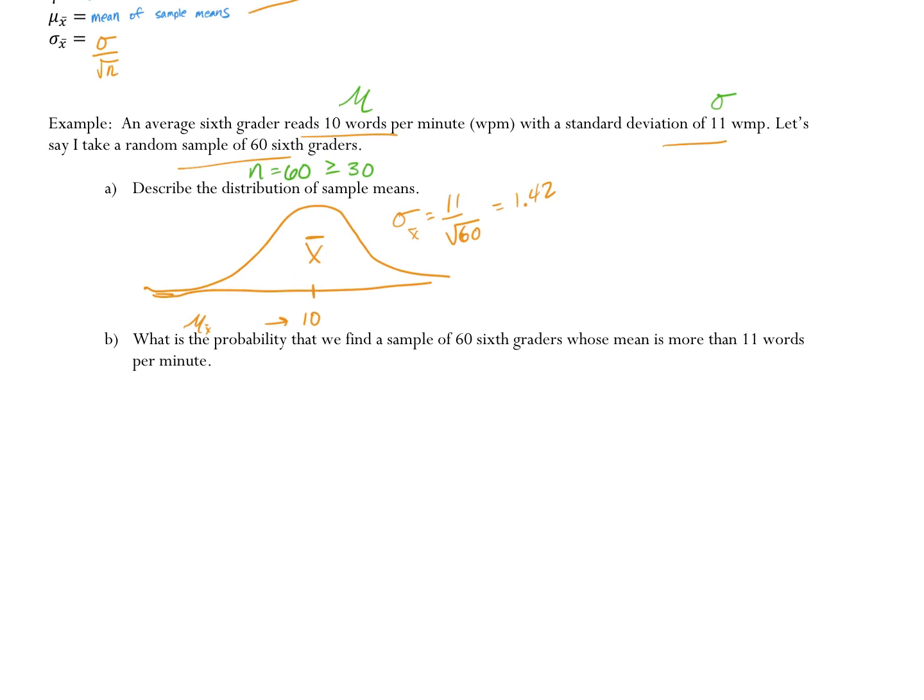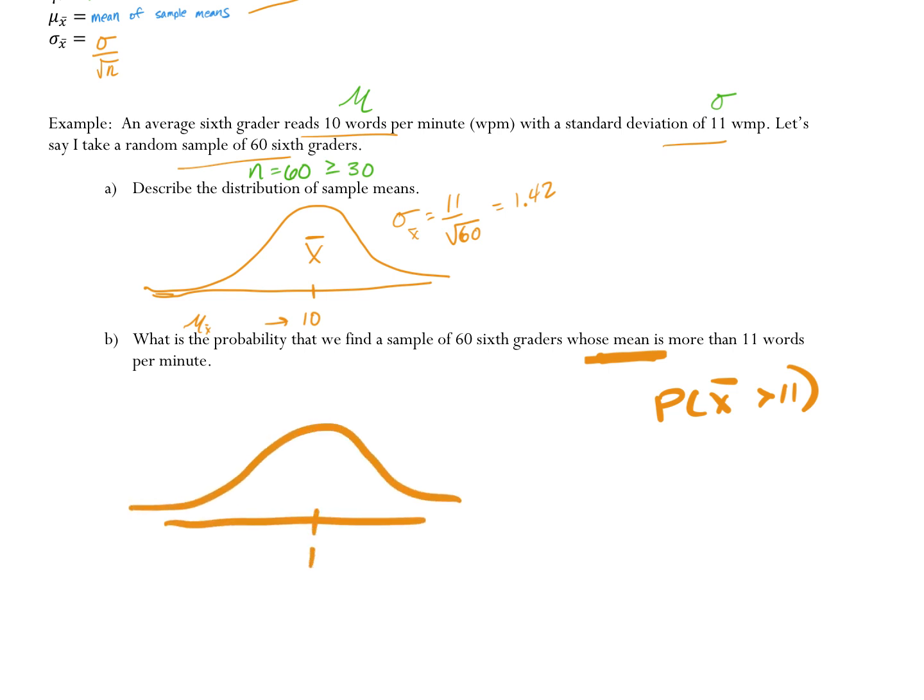What is the probability we find a sample of 6th graders whose mean is more than 11? So I want to find the probability x bar is bigger than 11. I'm going to draw the picture of my x bars. My standard deviation of my x bars is 1.42. And this would be a great example of when I use normal CDF.